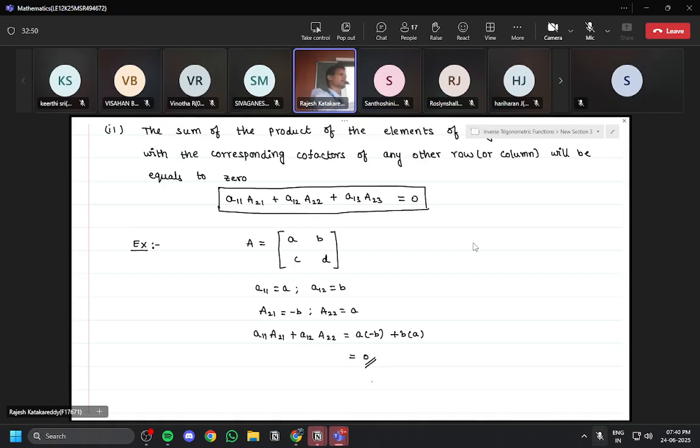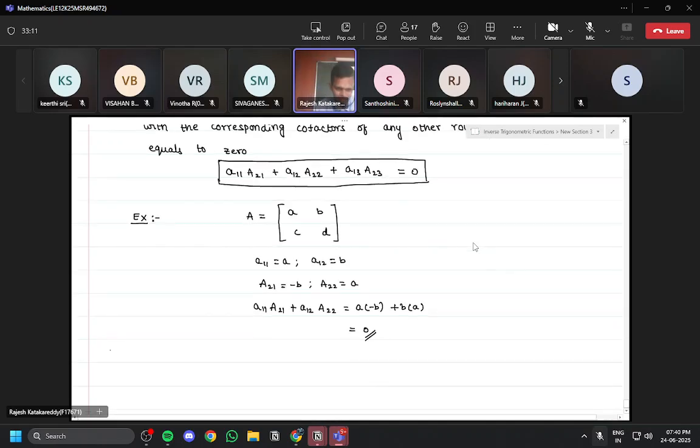Adjoint of a lower triangular is lower triangular. Diagonal matrix is diagonal. Clear? It is easier for a diagonal matrix to find the adjoint. Can I scroll up? All done?